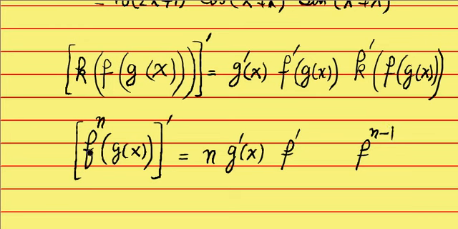Remember that derivative of something raised to power of n was the exponent, derivative of the base raised to 1 less than the old exponent. Who are f prime and f going to look at? Whatever f was looking at here. F prime is going to look at g of x, and f also is going to look at g of x.